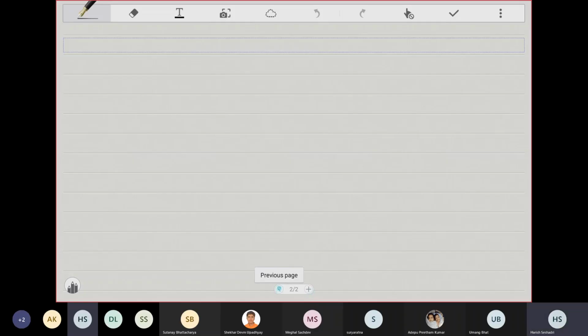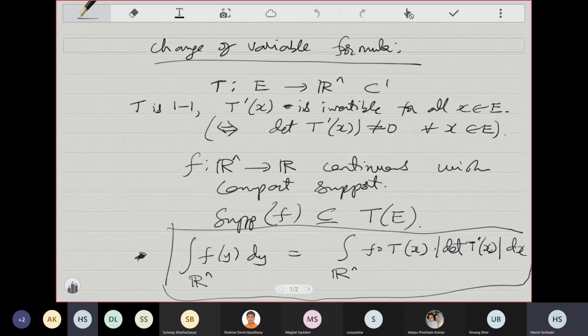But as I said, first of all, for this we need to talk about determinants, because the determinant makes a crucial appearance here. One value of the determinant, a very important thing about the determinant, is that it will help you detect when a matrix is invertible.